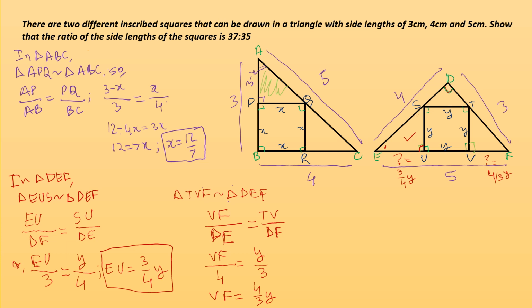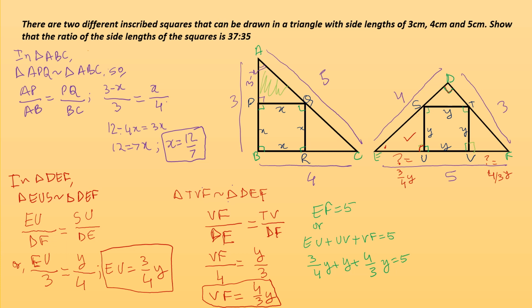Now once I have got these two done, you see that the length of EF is 5. So EF equals 5, or I can say EU plus UV plus VF equals 5, or 3/4 Y plus Y plus 4/3 Y equals 5.